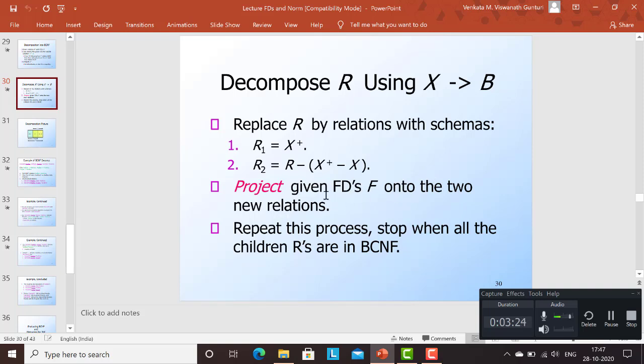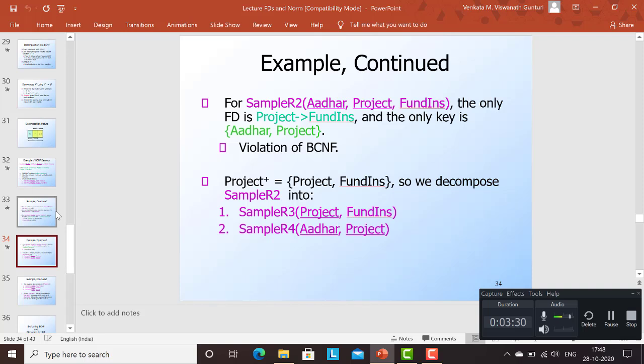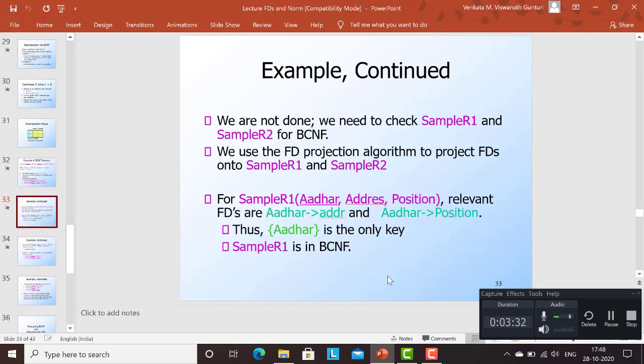They just intuitively write that these FDs hold on this relation R. That is wrong. Here I wrote it because otherwise the slides could have become cumbersome. But in the actual exam, you must use the FD projection algorithm to show that you are indeed getting all the FDs which hold on the decomposed relations.